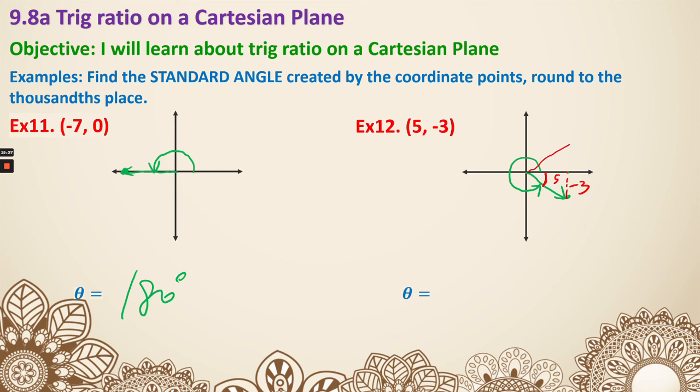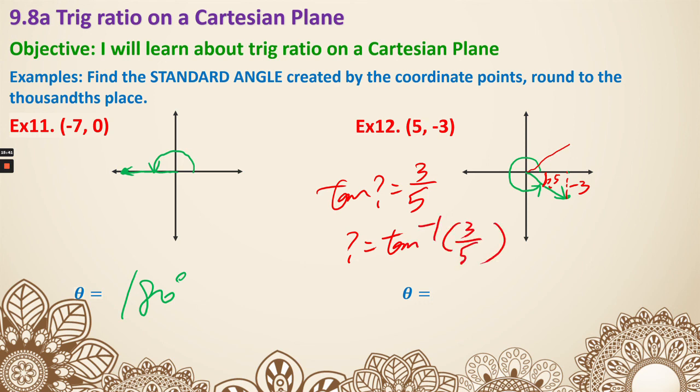So basically, I still find my reference angle first. Tangent of the question mark is 3 over 5. The question mark is the inverse tangent of 3 over 5, which is going to be 30.964 degrees.